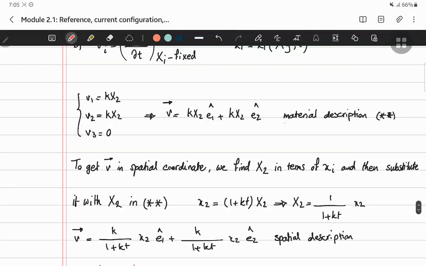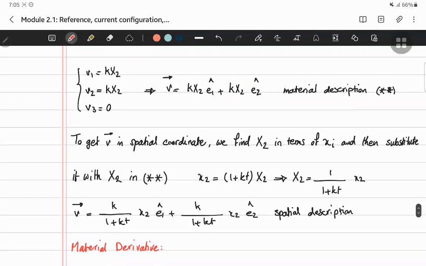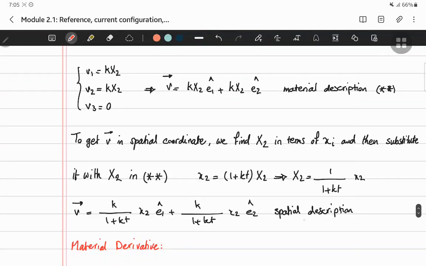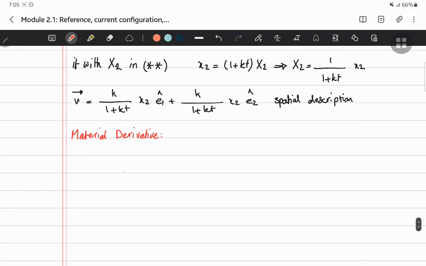We had the material description, and from here we calculated the spatial description. So basically these two points of view, Eulerian and Lagrangian, are the same. They give the same result. For example, if velocity in one point of view is 0, it will be 0 in the other point of view.